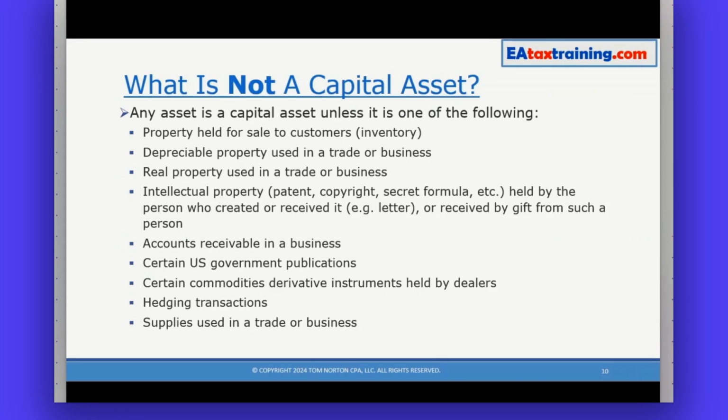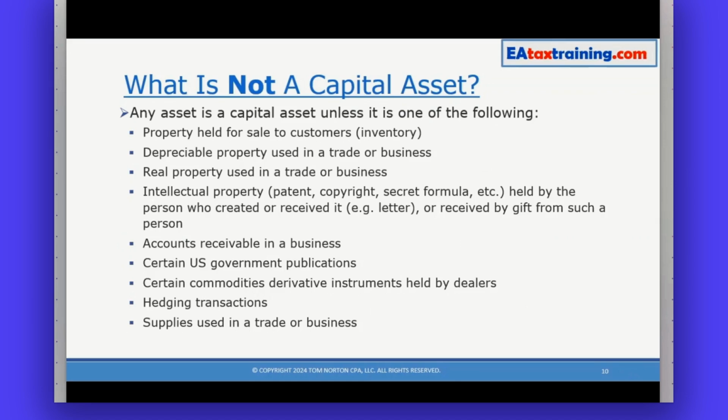Real property used in a trade or business, not a capital asset. And that is a separate category because remember, land, which is one type of real property, land is not depreciable, so it would not be included in that previous category. So it's all broken out here that any type of real property, whether it's depreciable or not, that's used in a trade or business is not a capital asset.